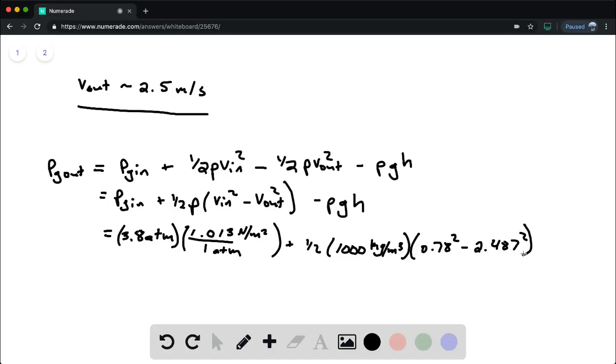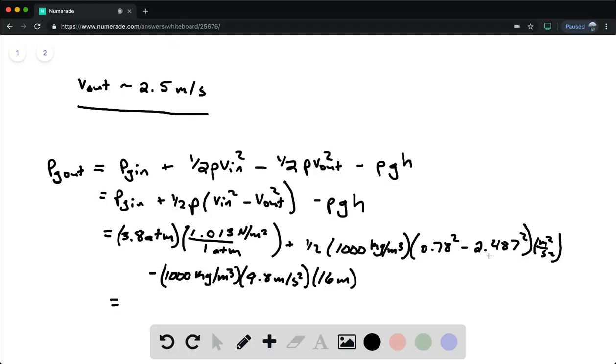So this is the velocity squared. You want to use as many digits as you can here. Just keep that in your calculator and then approximate at the end to get the most accurate answer, just in the final answer. So this is the density of water. g is 9.8 meters per second squared. We're told that h is 16 meters. So this will be an answer in terms of newtons per meter squared, because here we have velocity squared, so that's a meter squared over a second squared there.